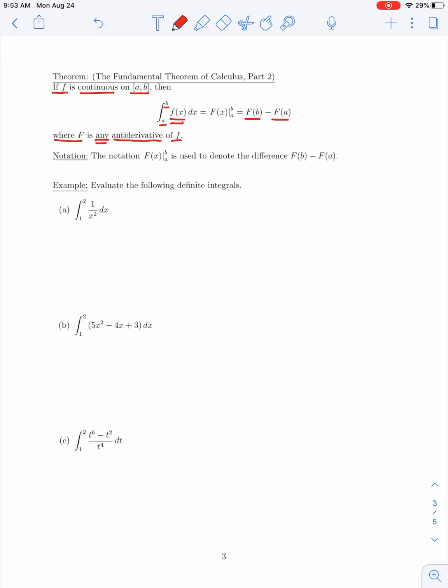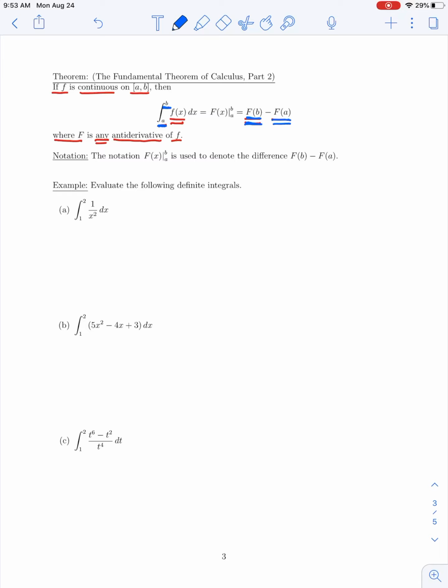Let's call it capital F. And then we would evaluate capital F first at the upper limit of integration, b. So we plug in b to our antiderivative. And then we subtract the value that we get for our antiderivative evaluated at the lower limit of integration, a.